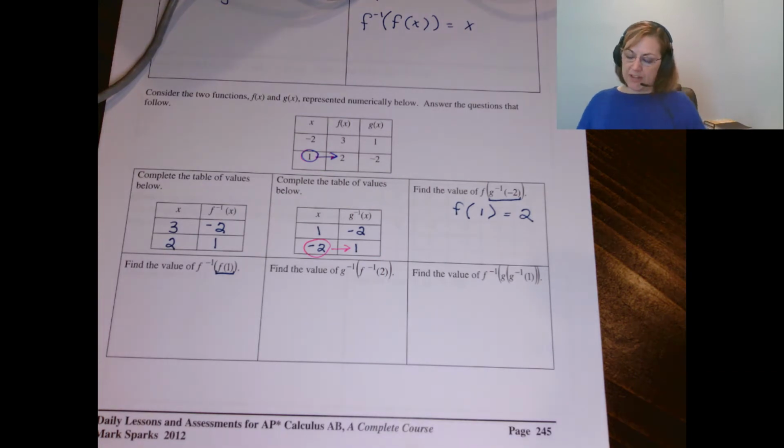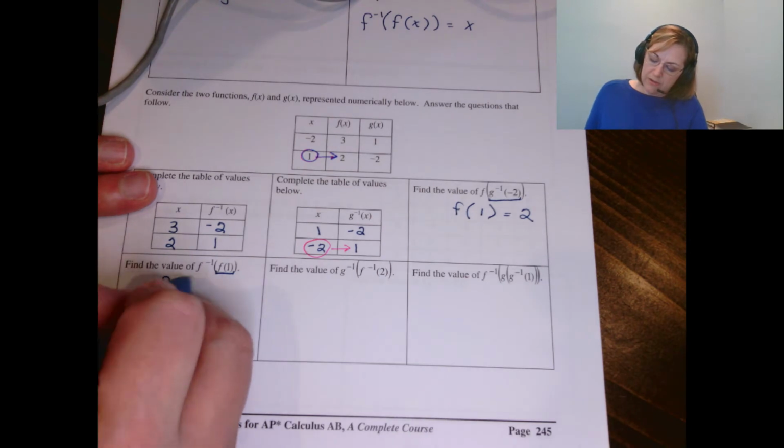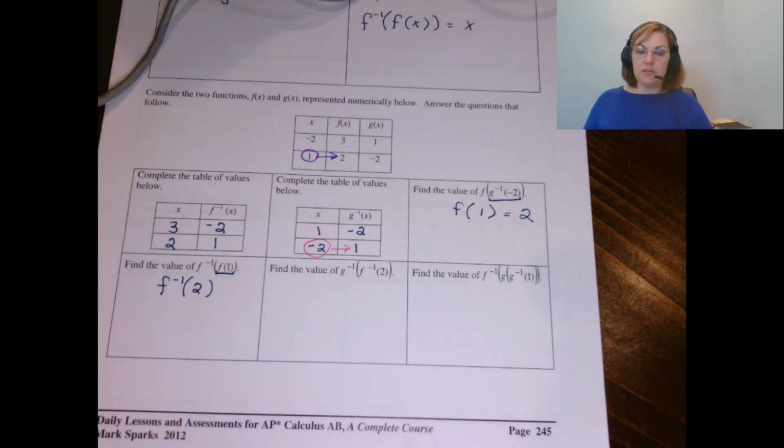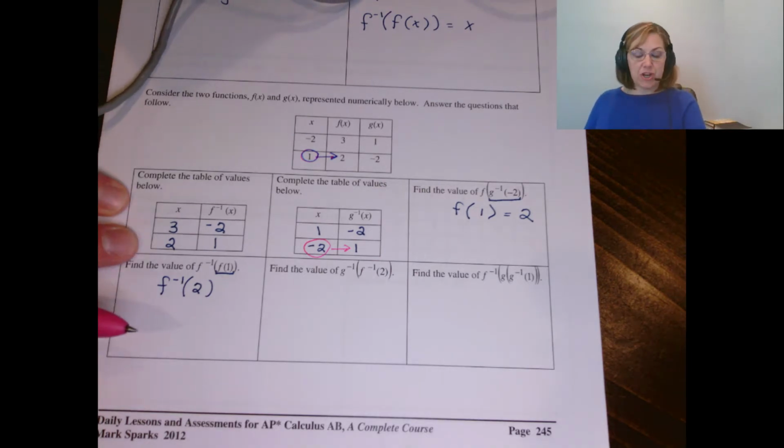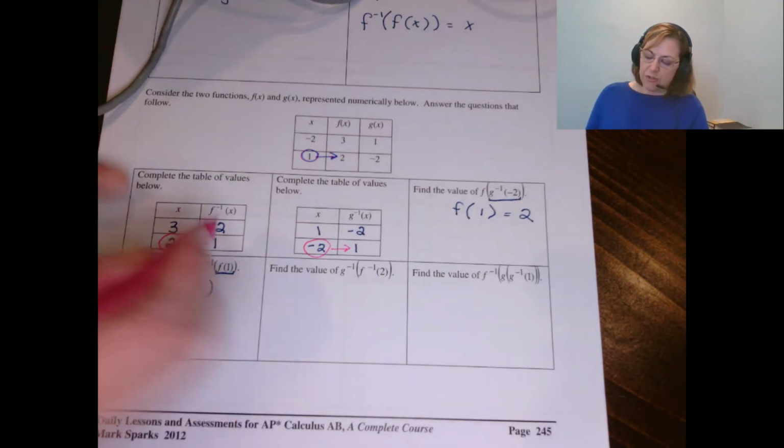So I'm going to replace this f of 1 with a 2. Now I'm going to look for the inverse of f of 2. So go to your inverse of f chart, look for when x is 2, and that gives you 1.